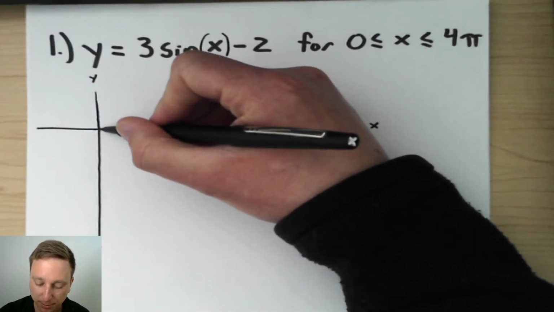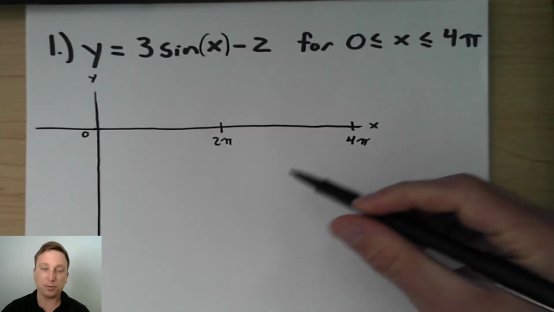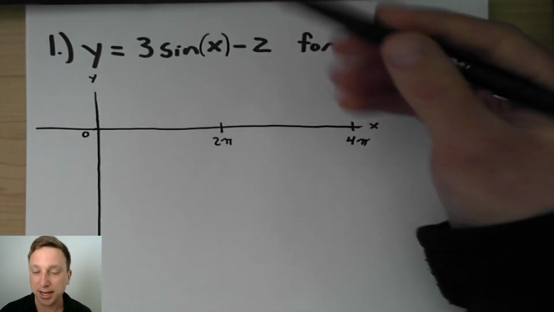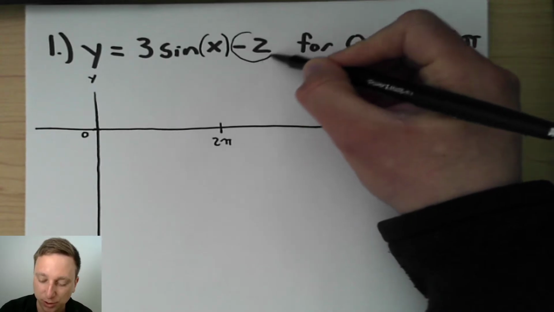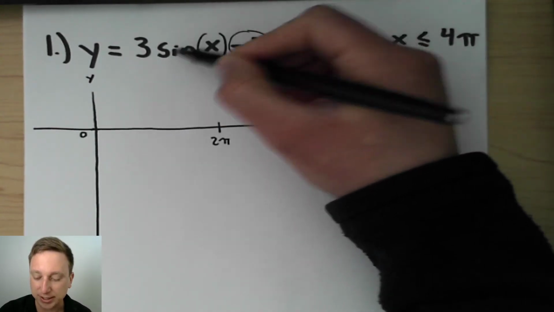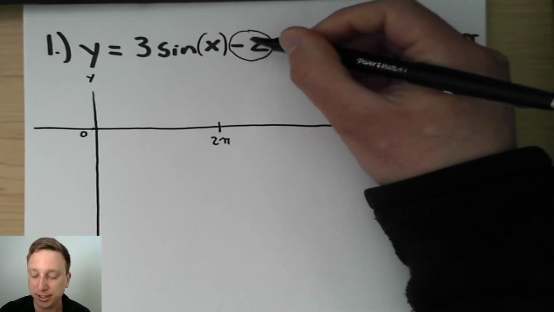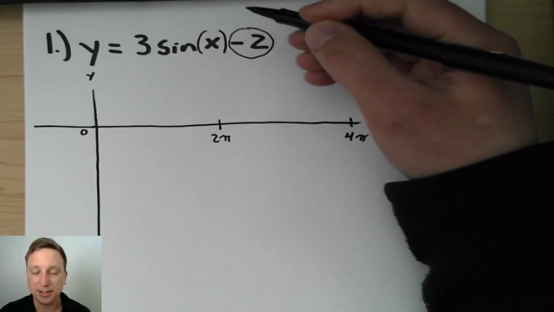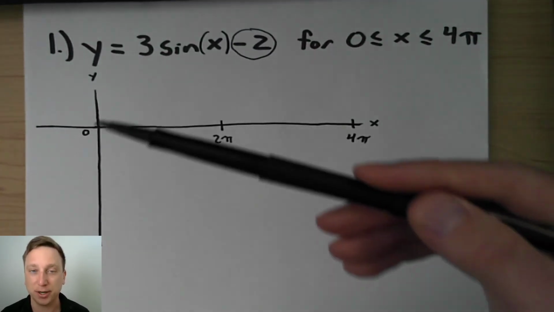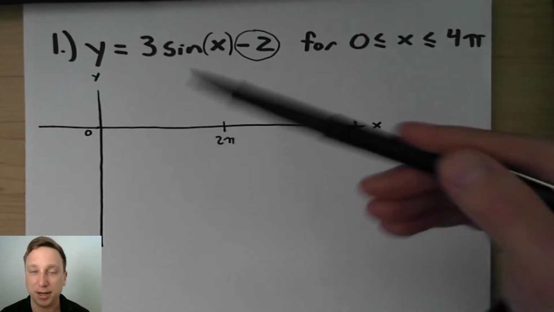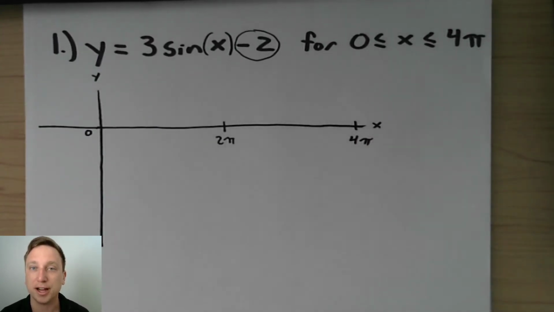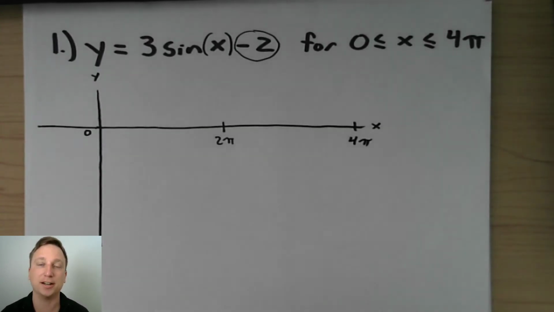So normally my principal axis is here at 0, but now let's start looking at what's happening to this function. This minus 2, what we're doing is we're taking the function sine x, which happens to be multiplied by 3, and we're subtracting 2 from it. This is no different than taking x squared minus 2, or x minus 2, or square root of x minus 2, with that minus 2 outside of the radical.